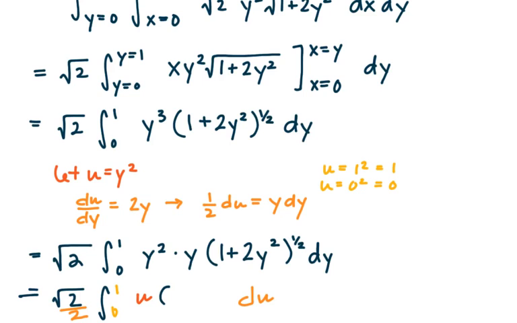And then I'm left with 1 plus 2y squared. That's 2u to the 1/2. So that was a fun little substitution. Again, y dy gave me this 1/2 du. And then I have 2y squared, so I plug u in twice.